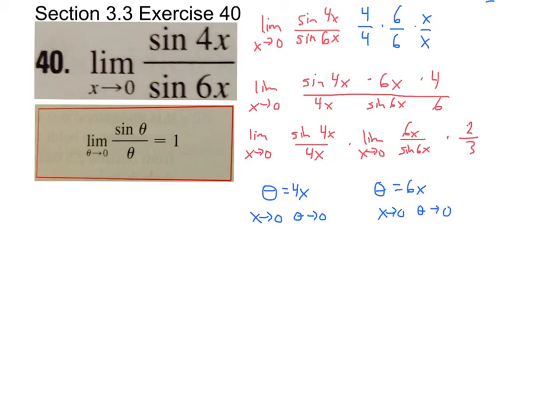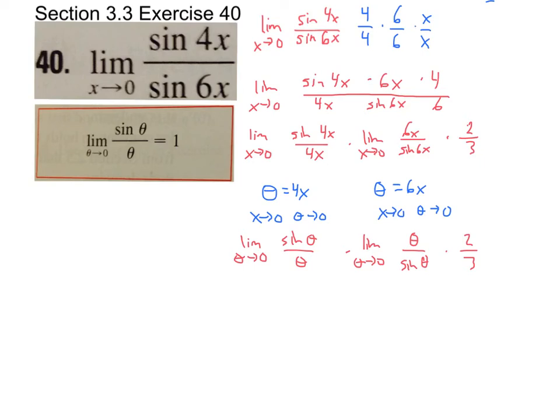And so we make that substitution everywhere. So we have the limit as theta goes to 0 of sine theta over theta, times the limit as theta goes to 0 of theta over sine theta, times 2/3.